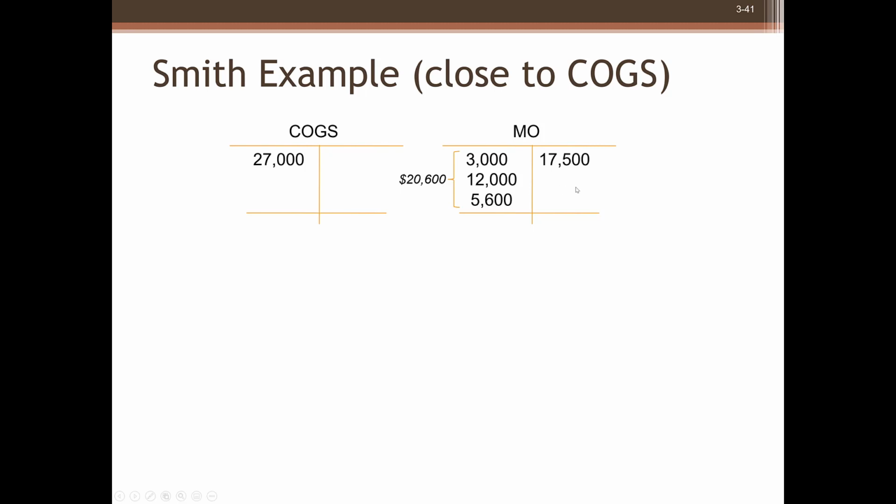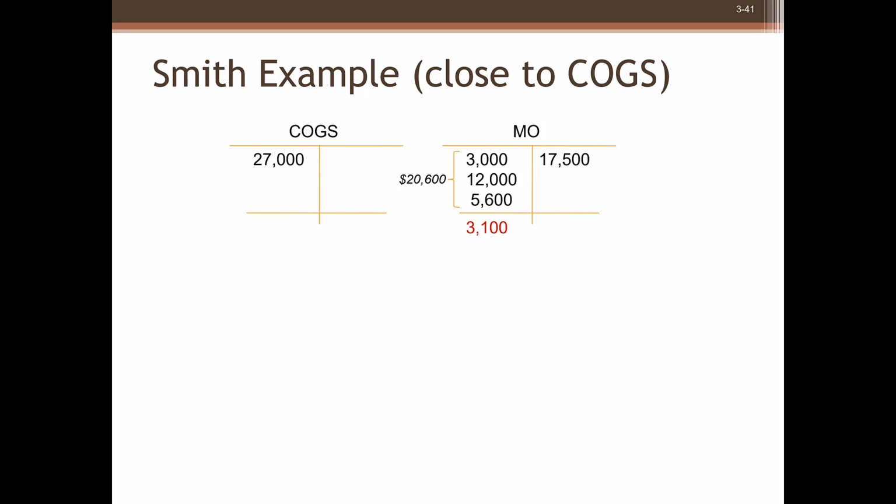So in this example, it's under-applied overhead. The balance here for manufacturing overhead is on the debit side. The difference is 3,100. To close it to cost of goods sold, we want to make it 0 on the debit side of MO.